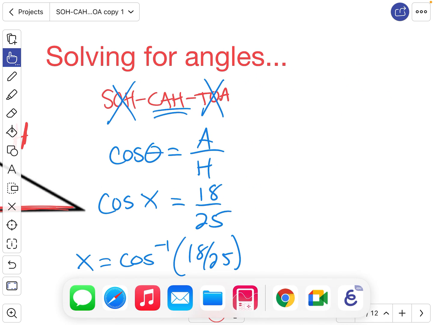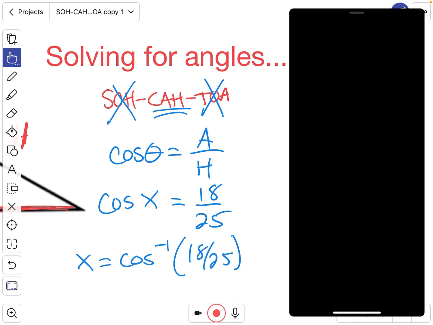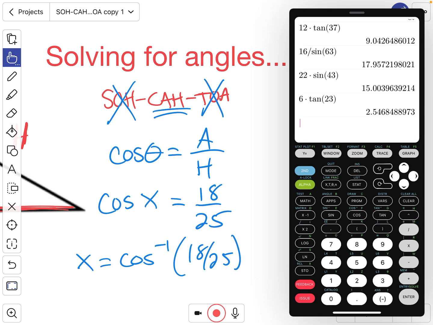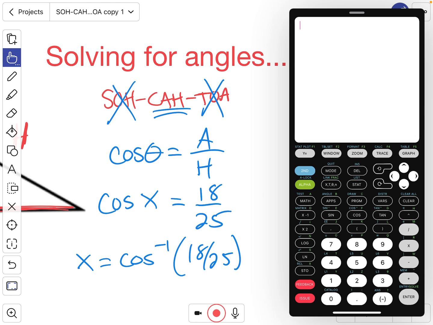To do this on your calculator now, you just need to press the second button, which is the blue key, right before you enter cosine. If I press the second button, which is right below Y equals, and then press the cosine button, which is right above the left parenthesis, you'll see that cosine -1 appear.